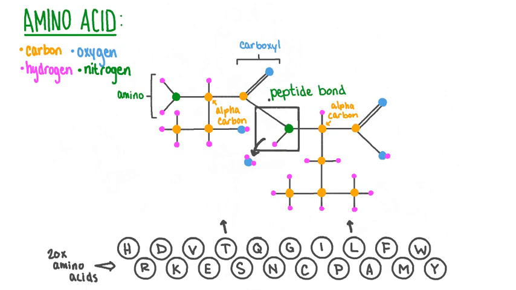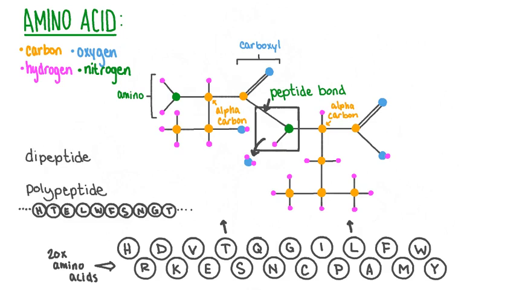The bond that forms between the 2 amino acids is called a peptide bond. This molecule is called a dipeptide because it contains 2 amino acids. A functional protein starts with a string of amino acids, which we call a polypeptide because it contains many peptide bonds.